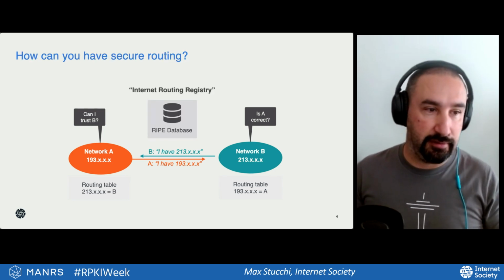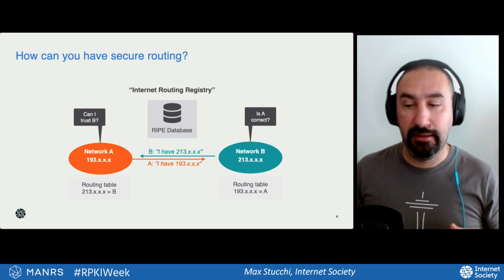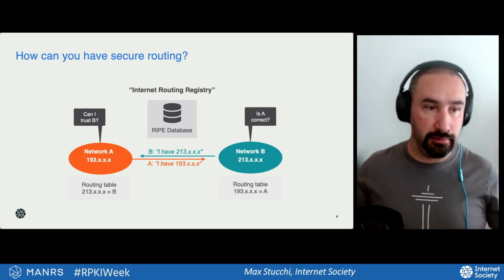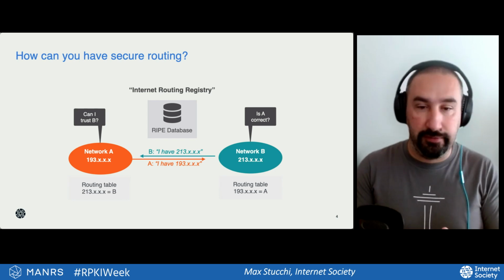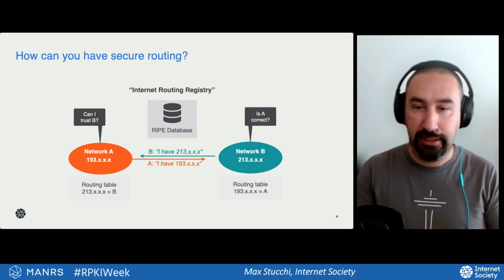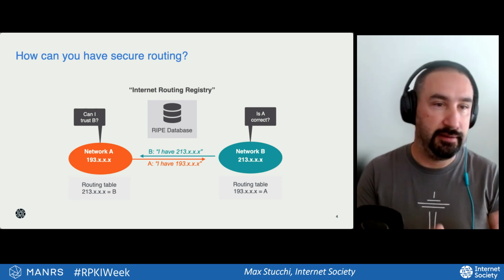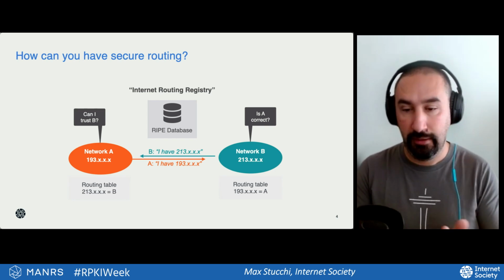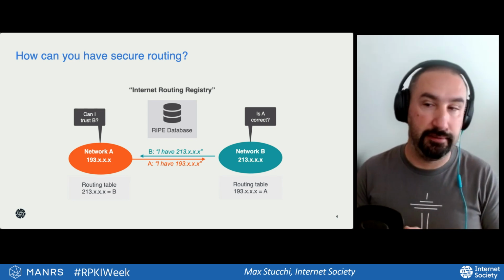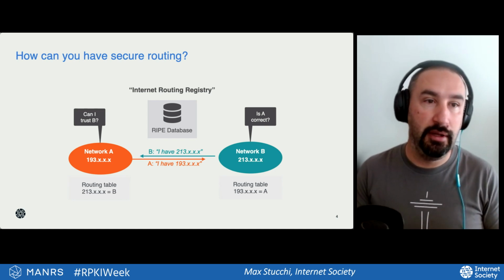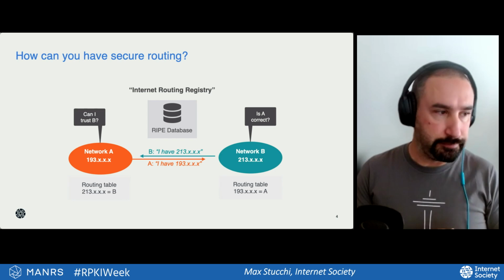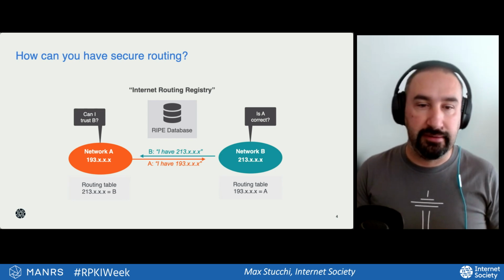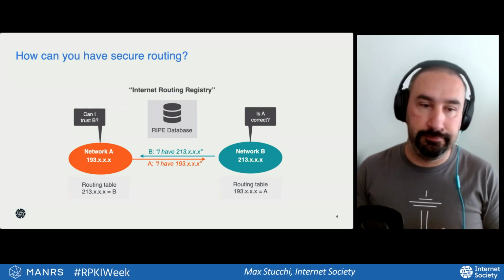In this case, it's the RIPE database, but it's the Internet Routing Registry as a whole in a system. The RIPE database is one of the instances. There is the Afrinic database, there is APNIC, there is ARIN, LACNIC, and there are also, this is an important thing to understand, third-party databases, AltDB, RADB, or databases operated by networks.